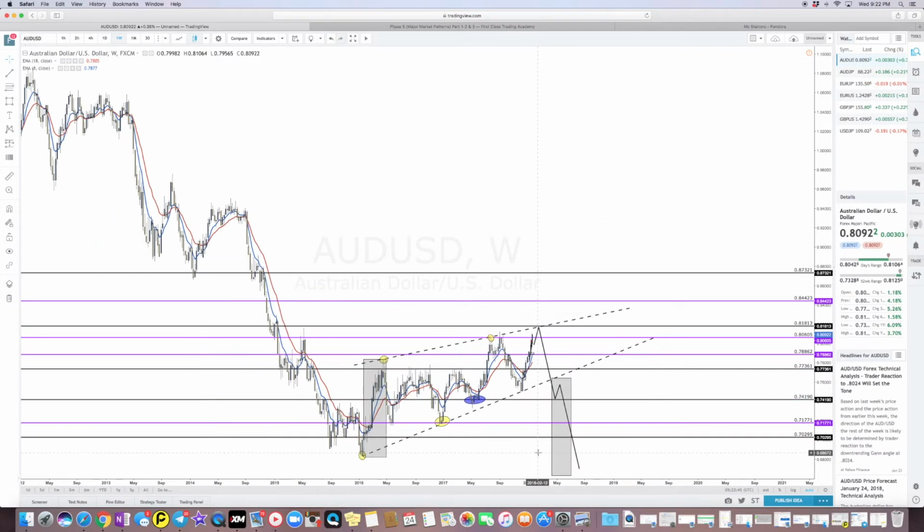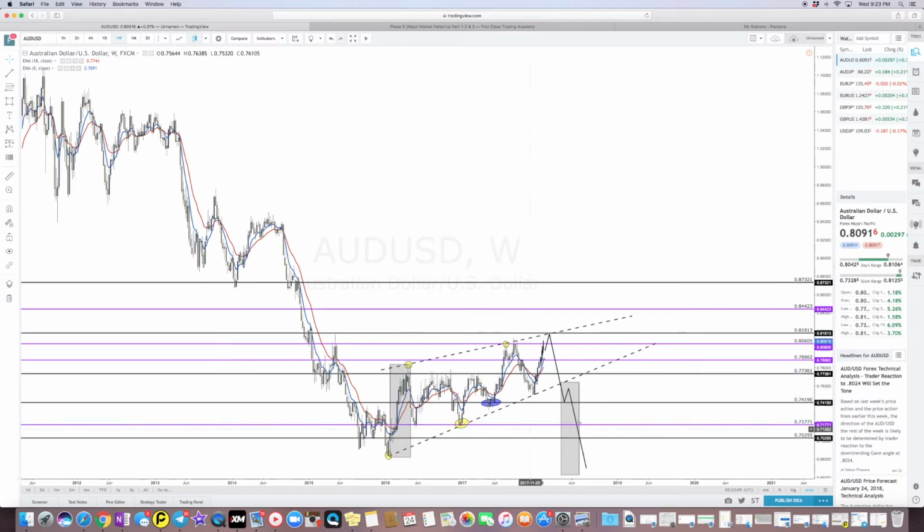Now, obviously, you guys can see here I do judge price for AUDUSD within the next couple months to reach down to the downside. Okay, now how this is judged is simply, I like taking the rectangle, which you can find right here, and taking that tool and going from the top of that channel to the bottom of that channel, and then I literally duplicated that, and then upon breakout, wherever that is, I judge it to be in this general area.